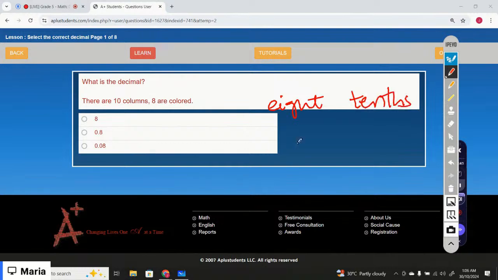And in the decimal form, you can write it as 0.8. Got it? The correct option is 0.8. Option number 2 is the correct option. Got it?